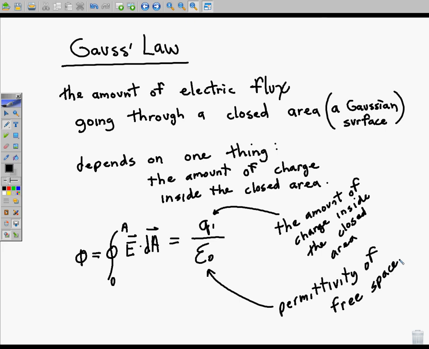So that's Gauss's law right there. No, I think it's flux equals 4 pi k Q. That would work.